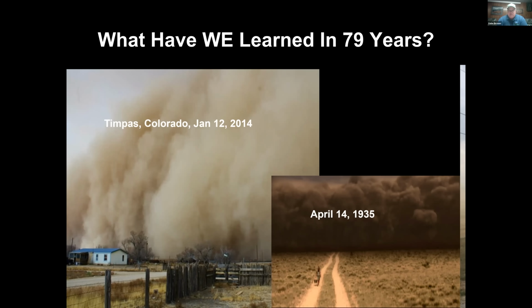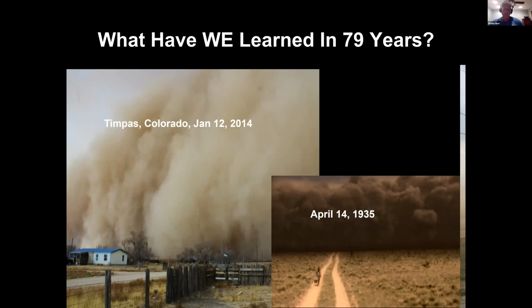Now, Shane, there's something else striking about this photo, and I know you know what it is. Why don't you talk about that? Oh, one thing that sticks out is the bottom right-hand photo from 1935. Look at the darkness within that soil, and look at the photo to the left from 2014. You don't see that appearance of color. So what's missing within those two photos?